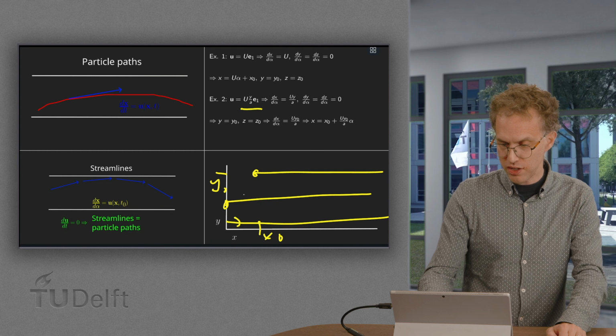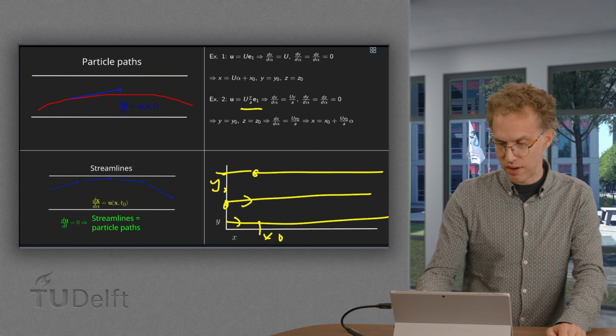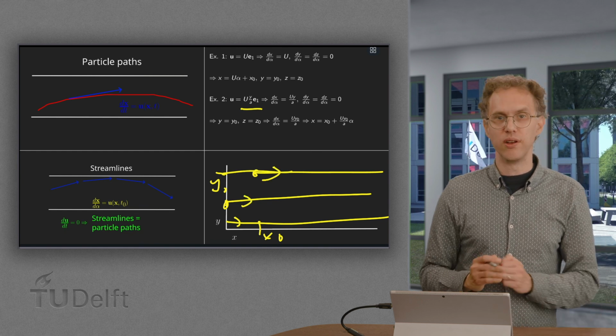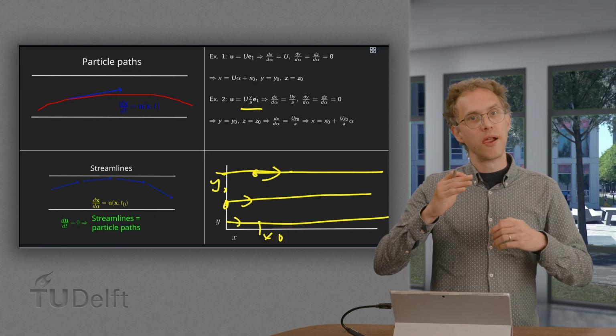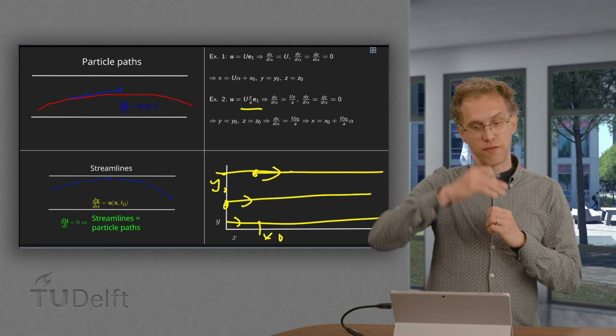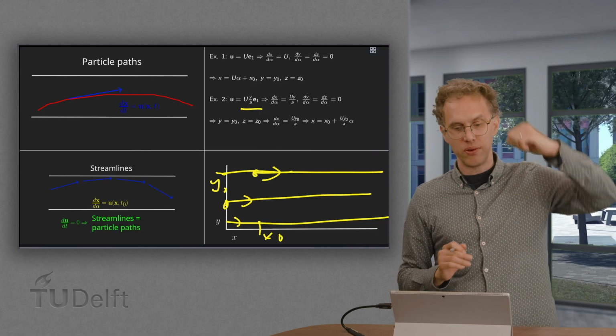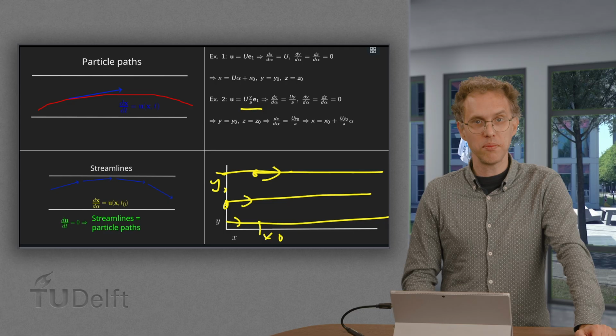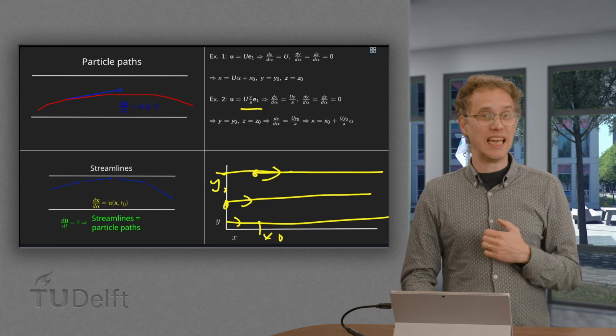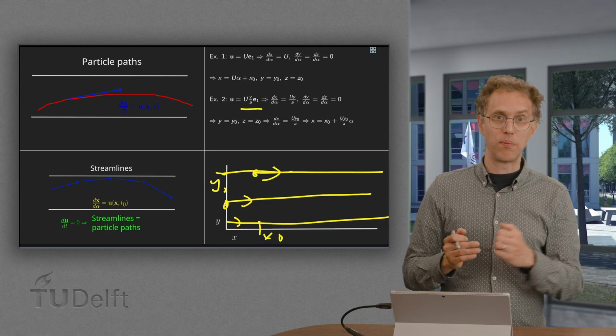So here you have this arrow, and if y gets larger, you go faster. So this is how you graphically show that in the second example, the flow goes faster if you increase y.